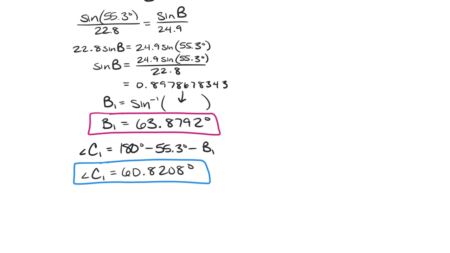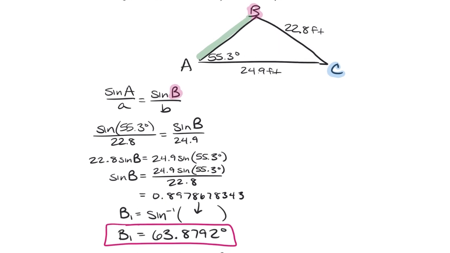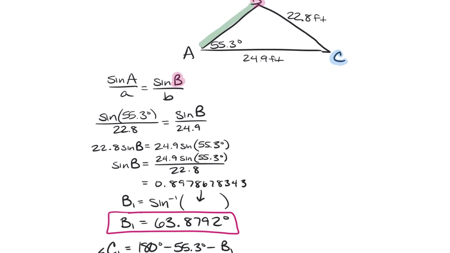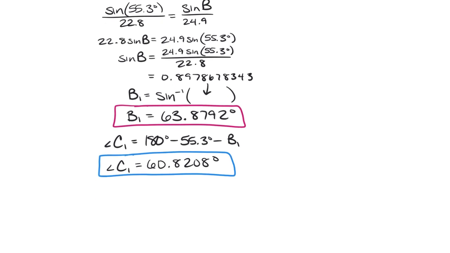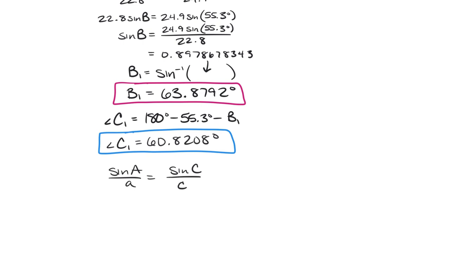What am I missing now? Little c. To find little c, we go back to the law of sines because we now have big C, so we have part of its pairing. This is sine of A over A equal to sine of C over C. Fill in what we know.